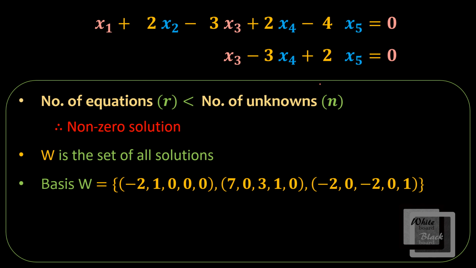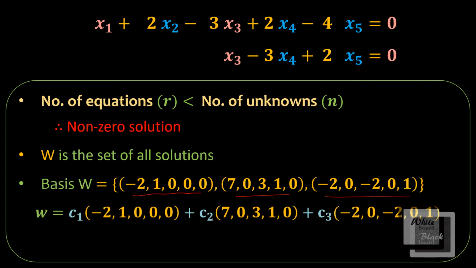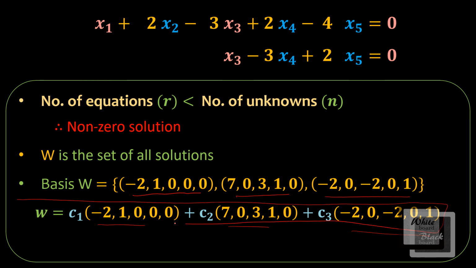The basis of that set W equals the vectors u1, u2 and u3, such that all the other solutions can be written as a linear combination of these three vectors. I will call this the general solution of the system of linear equations. So the dimension of W is equal to 3.